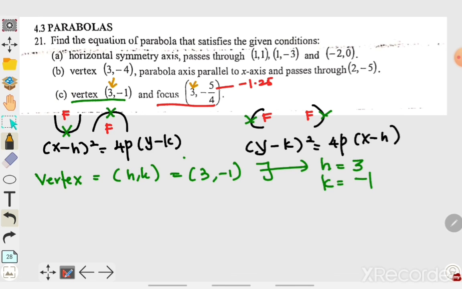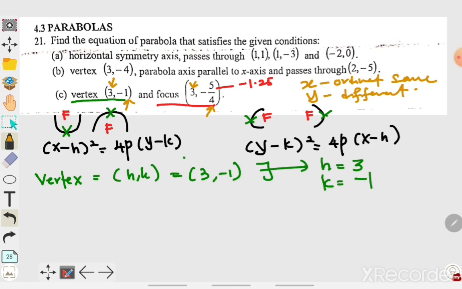The value of 3 is the same. The vertex and the focus have the same x ordinate, but the y ordinate is different. One is negative 1, another one is negative 1.25. So they are different. What do you think?